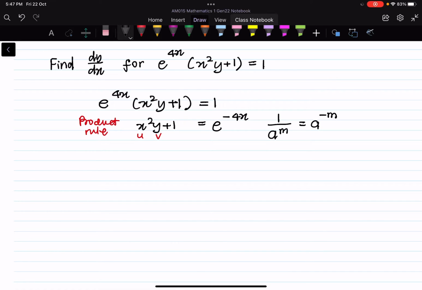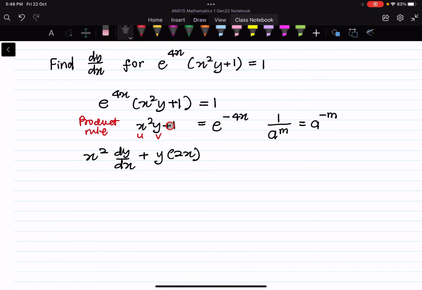So using the product rule, u is x squared, v prime is the derivative of y with respect to x, which is dy/dx, plus v, which is y, times the derivative of x squared, which is 2x.